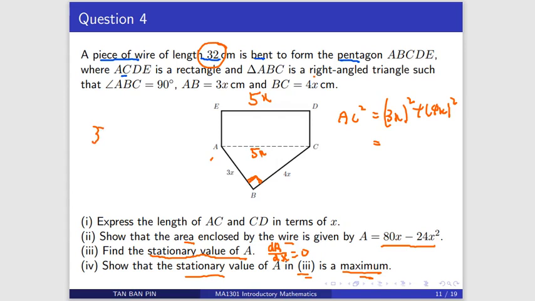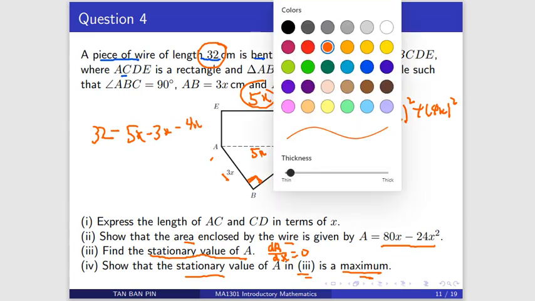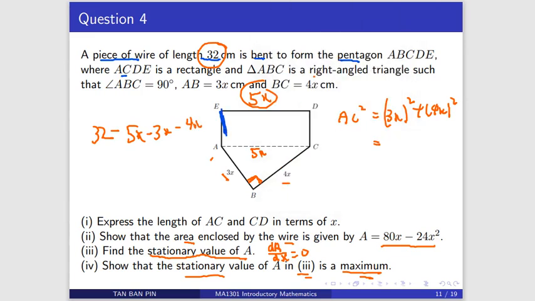So if you take 32 minus 5x minus 3x minus 4x, it should give you the length of EA and the length of CD added together. So just divide by 2, and you'll find the length of one side, AE or CD.